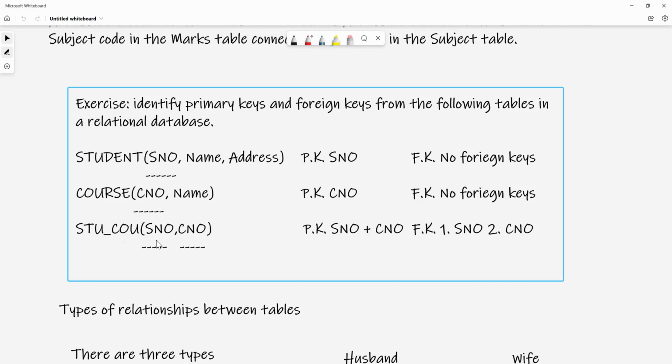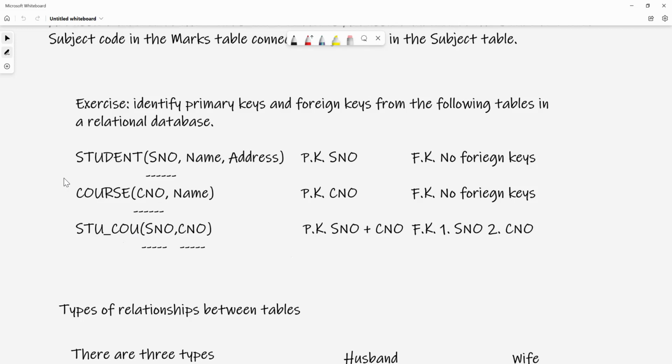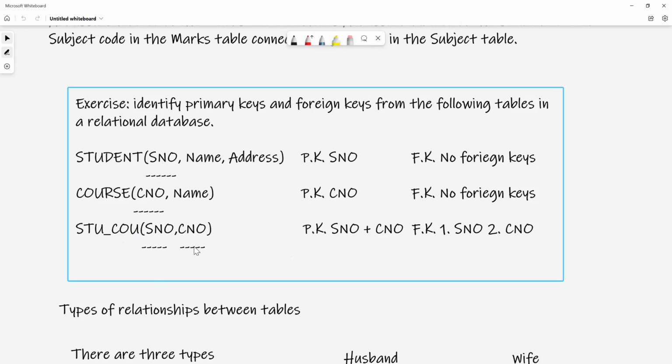So the first two, we don't have any foreign keys. Yes, you have some choices, but they are not connecting to the primary key of the other table. But if you take student number from this point, yes, this is common with the students table, and this connects to the student's primary key.